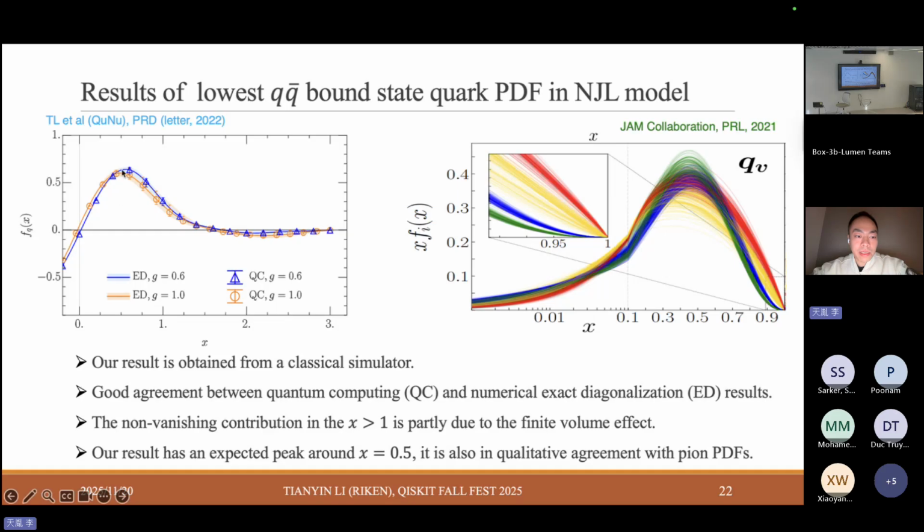Our result has an expected peak around x equal to 0.5 here. That is because this peak can also be observed in the QCD global analysis results for the parton distribution functions.